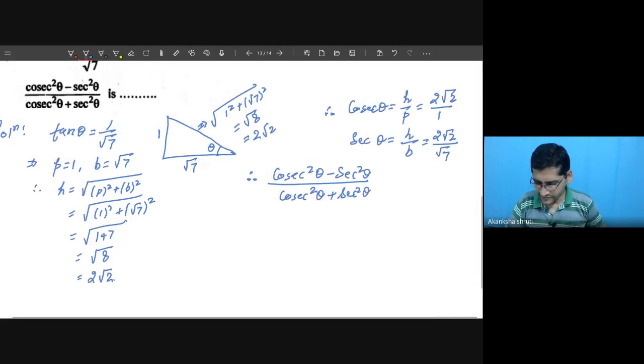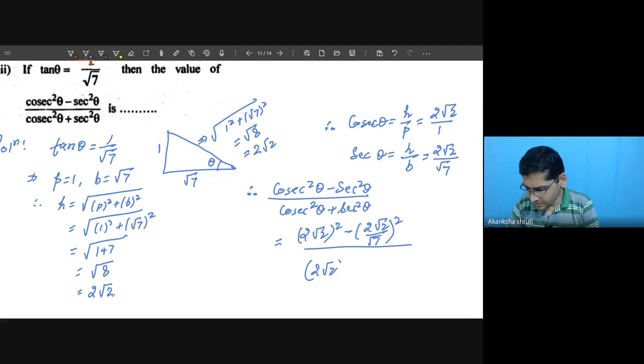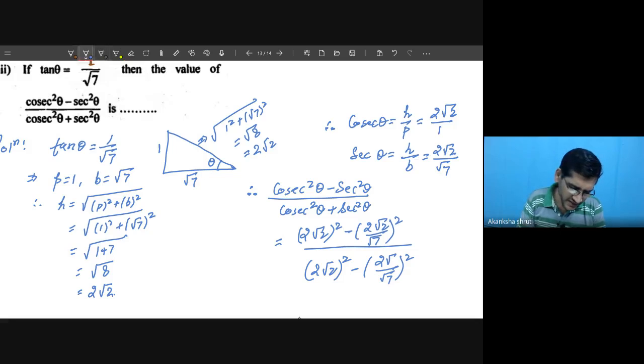Substituting the values, what we are getting, this is equals to, our cosec is simply 2 root 2 their square, but the sec value is our 2 root 2 by 7, its square. It is in numerator, and in denominator the same thing, 2 root 2 square minus 2 root 2 by अंडर रूट ऑफ 7 स्क्वायर। स्टूडेंट तो आपको इसे ध्यान से सिंप्लीफाई कर लेने हैं.